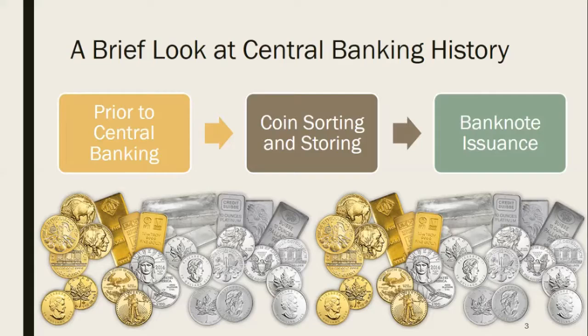Also, there was another issue: later, different governments, or different sovereignties, started to print different varieties of coins with different values and different metal content. So managing all these different types of coins became problematic.